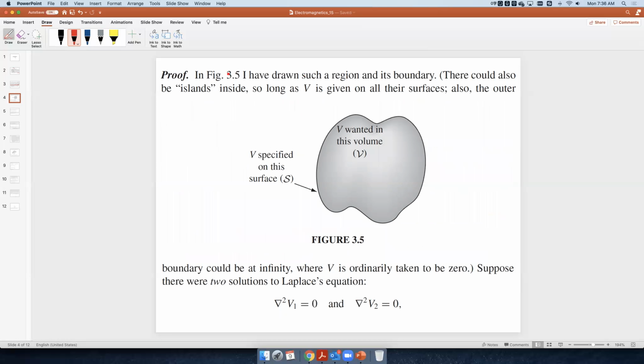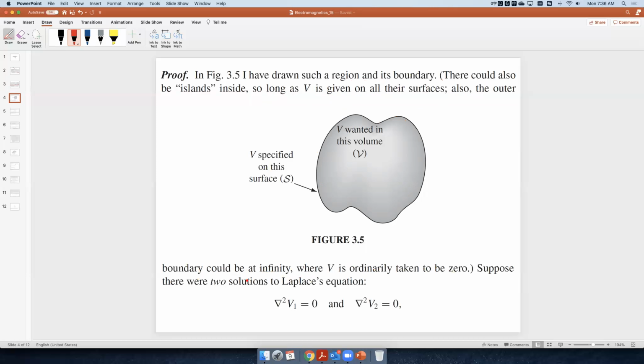In the figure shown below, we have drawn such a region and its boundary. There could also be islands inside, so long as V is given on all their surfaces. Also, the outer boundary could be at infinity, where V is ordinarily taken to be zero.